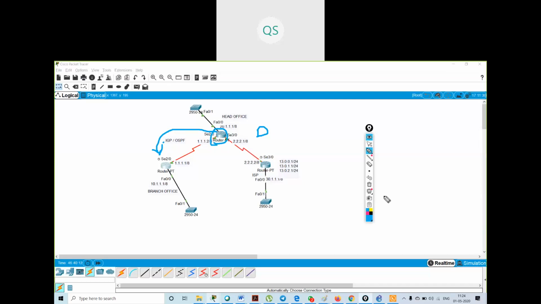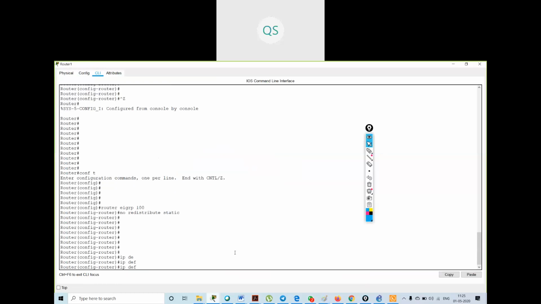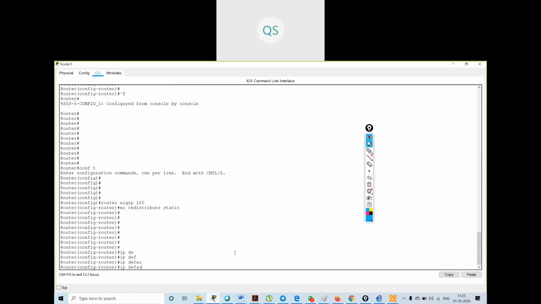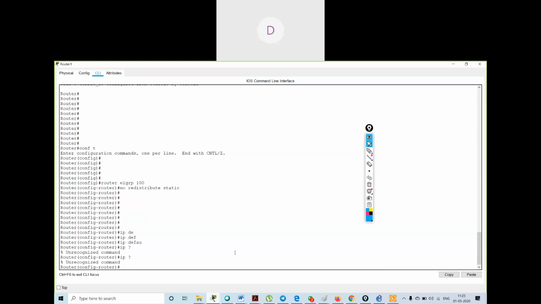Now in EIGRP we will provide a specific interface or router, you can say. So what we will say is IP... there is nothing of IP.